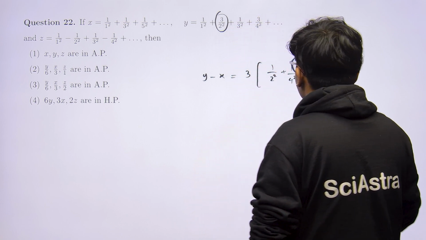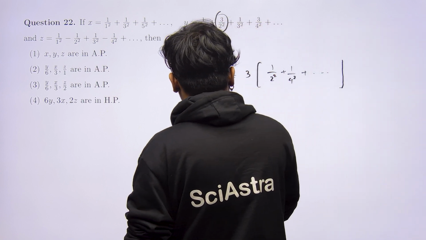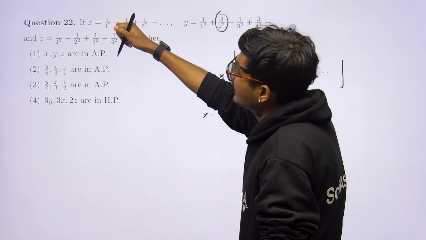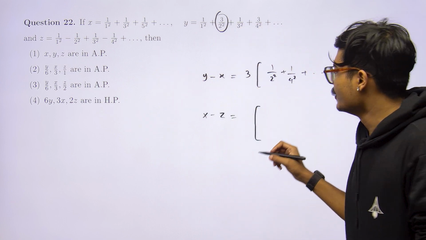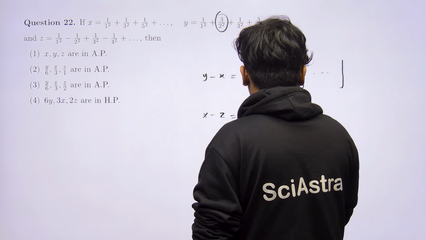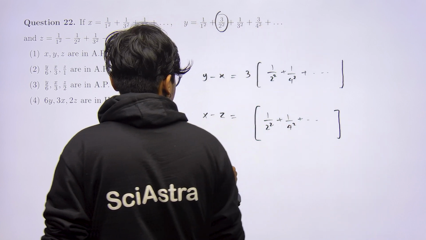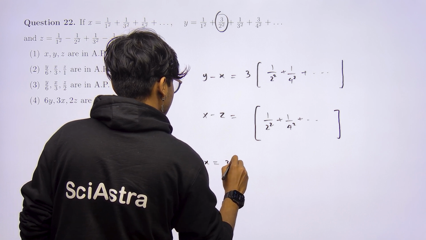Similarly, if I look at x minus z, again all the odd terms are going to cancel out. The even terms have a minus sign in front of them, but because of this minus, they'll turn into positive. So it'll become 1 by 2 square plus 1 by 4 square and so on. Comparing these two equations, I can say that y minus x is basically thrice of x minus z.